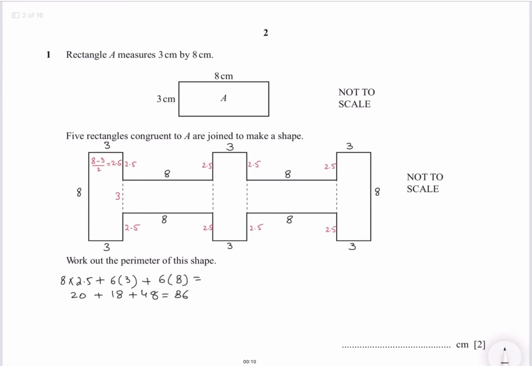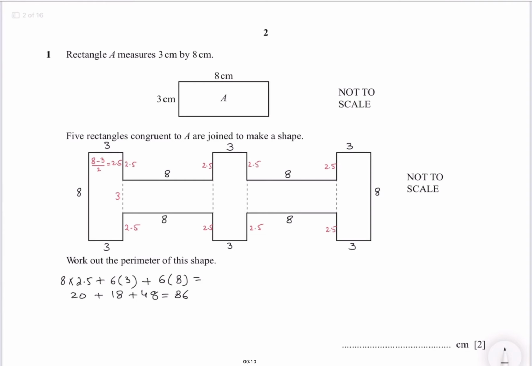All the markings are marked on this shape, and now you can add them all. So you have to go around the diagram to get the perimeter. 2.5 is 8 times, so you multiply 8 by 2.5, plus 3 is 6 times, so you multiply 3 by 6, then 8 is 6 times.